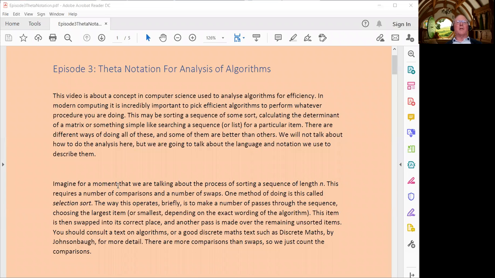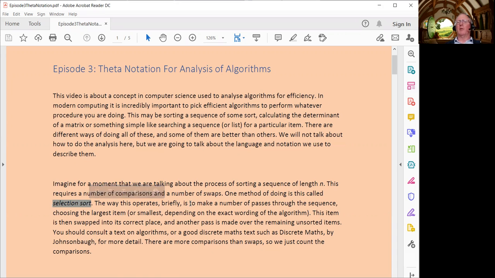So let me share my file. And I want to imagine for a moment that we're talking about the process of sorting a sequence of length n. And basically we've got to compare some stuff and we've got to swap some stuff around. Now there's a number of algorithms for doing this. One of them is called selection sort.